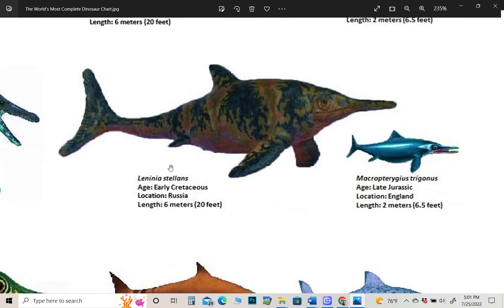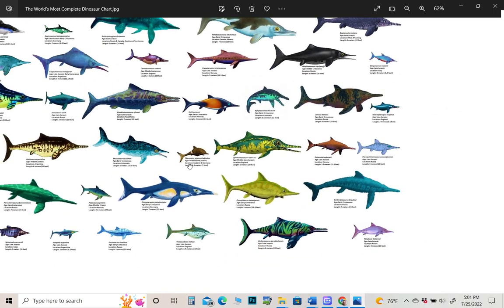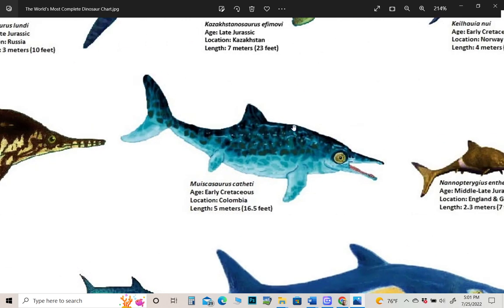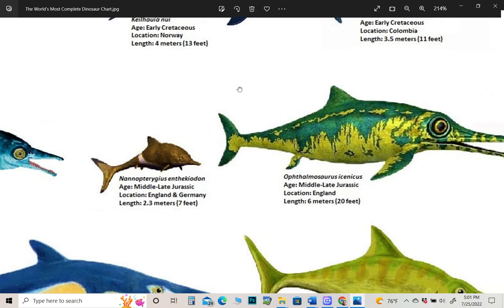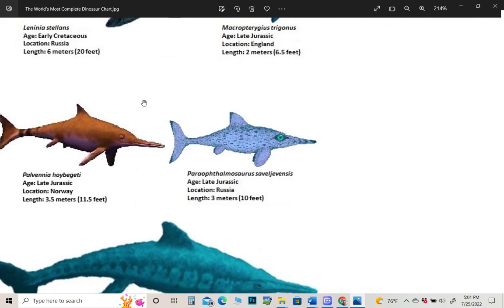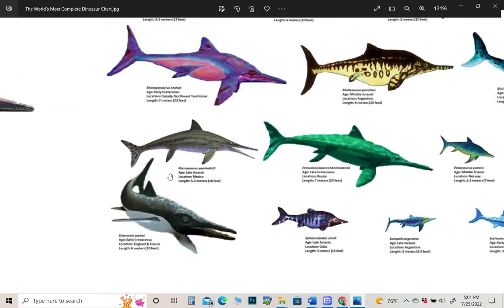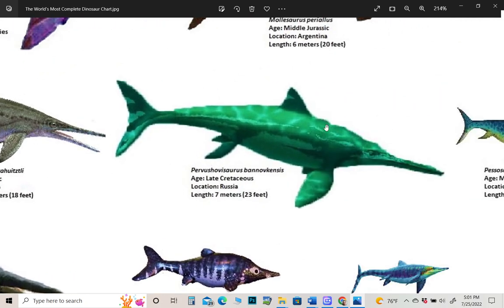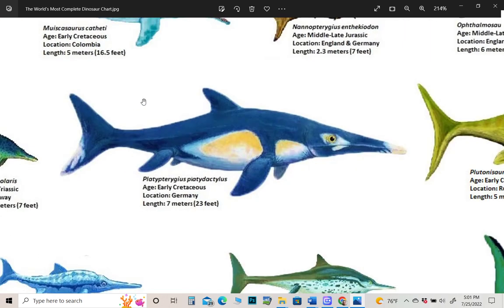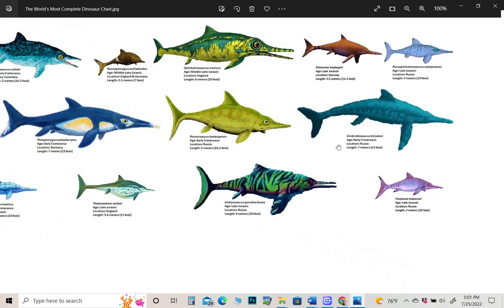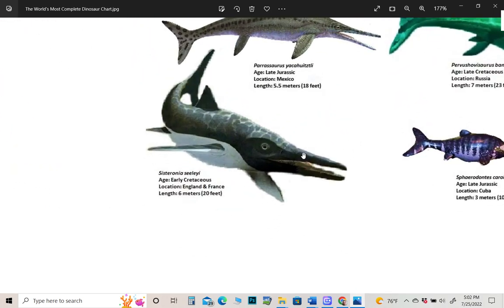Kaihaisuka, I believe it's pronounced. Leninia, Macropterygius. All right. Mollisaurus, Muiscasaurus, Nannopterygius, Ophthalmosaurus, Palvennia, Ophthalmosaurus, Paraophthalmosaurus, Pervushovisaurus, Pessosaurus, Platypterygius, Plutoniosaurus, Simbirskiasaurus, Sisteronia.